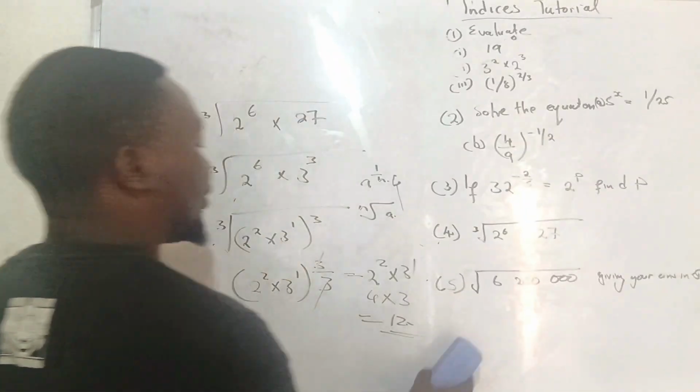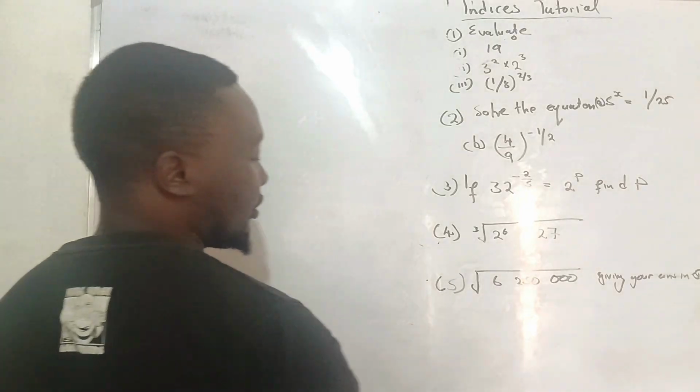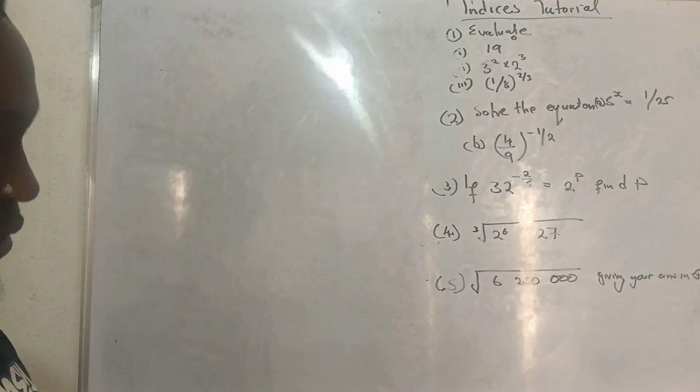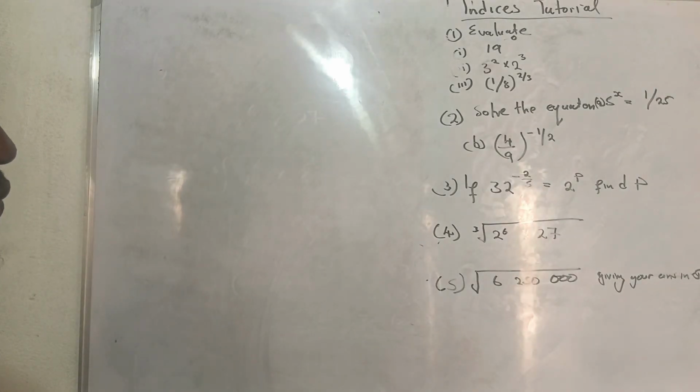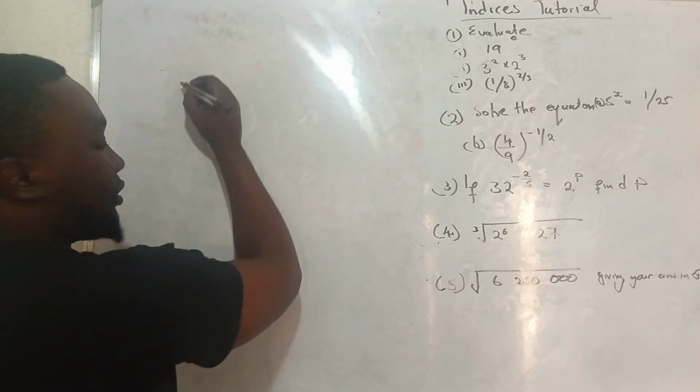Let's do the last question. Find the square root of 6,250,000. So you have 6,250,000.